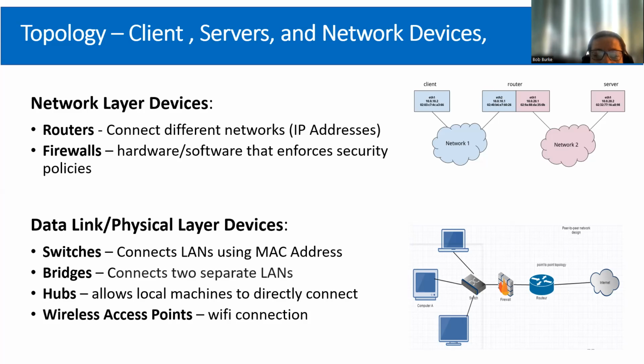The one thing I will point out, we have a chart on it, is wireless. A wireless access point is a way to get from your wireless device into at least a local network or to a router or modem or something of that sort.